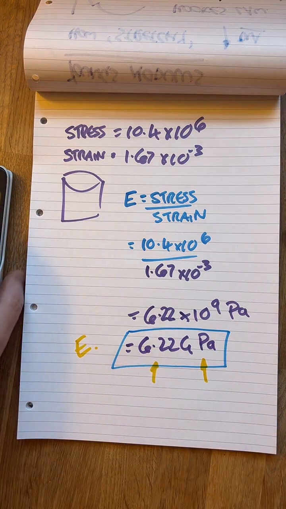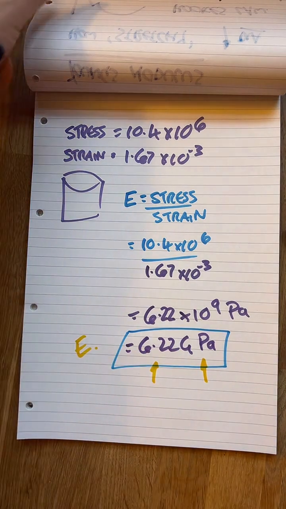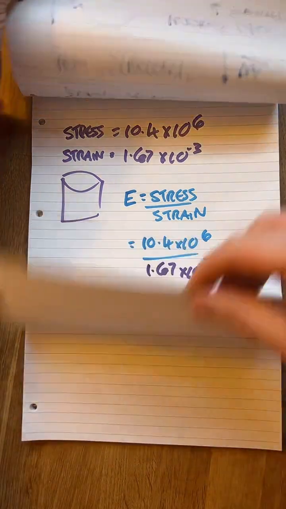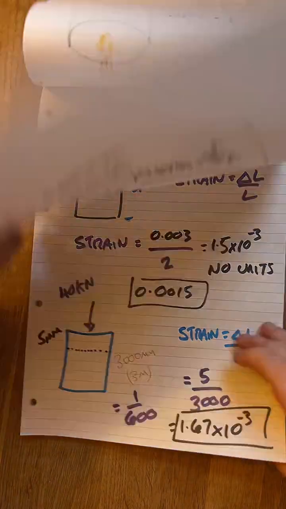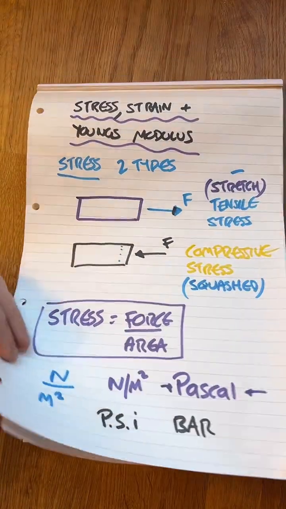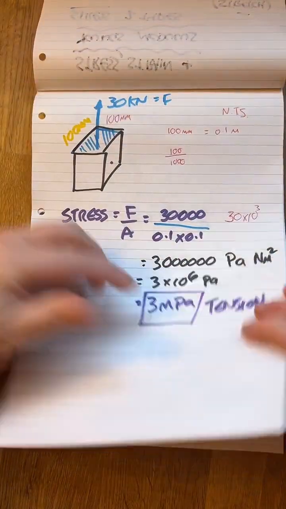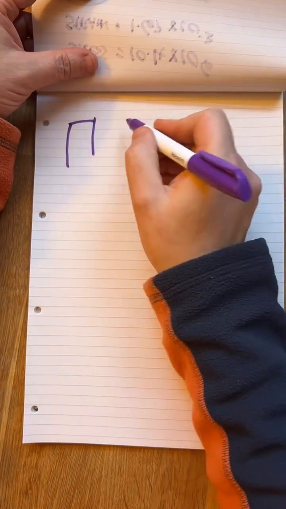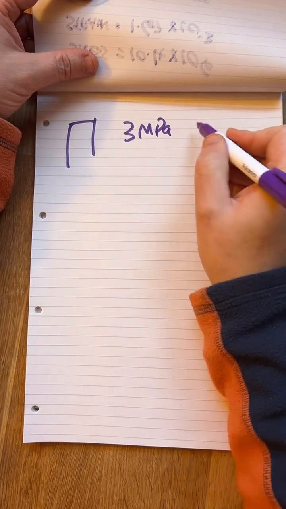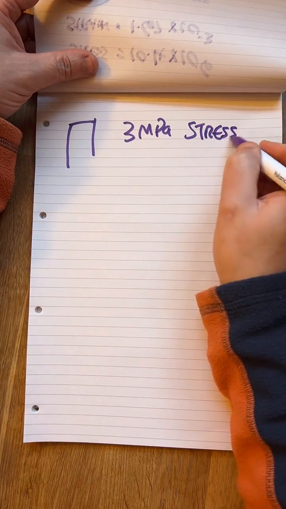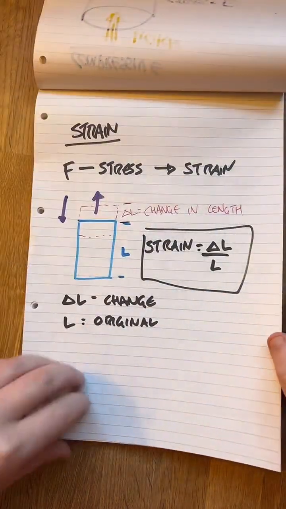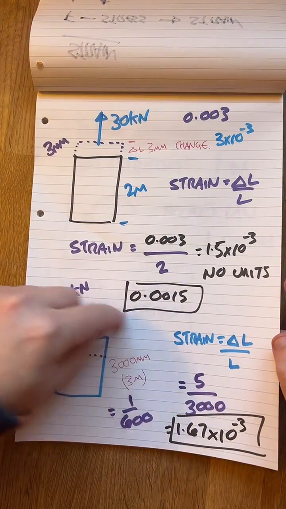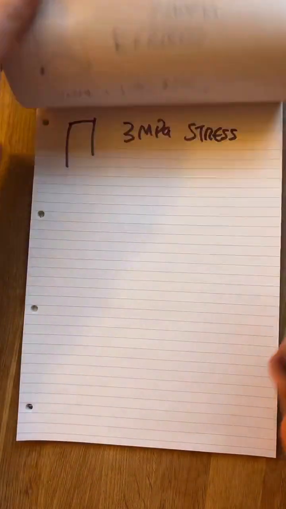Let's work out the other one now to see which would be stretchiest if we knew the material. The square one was 3 megapascals of stress, and the strain was 0.0015.